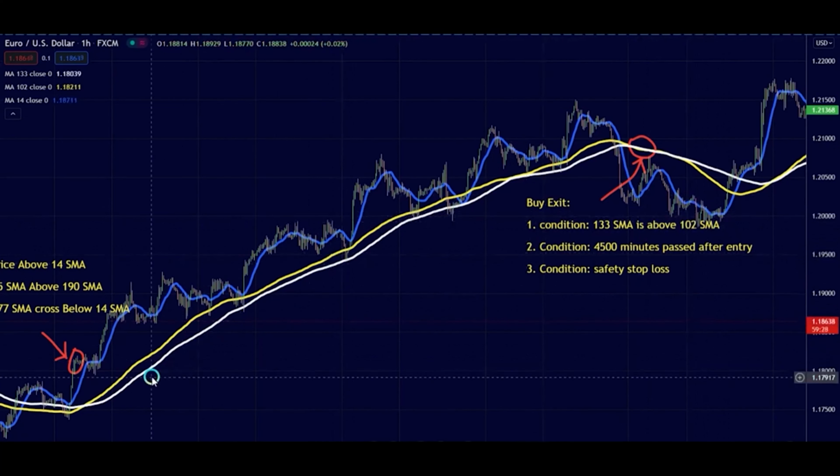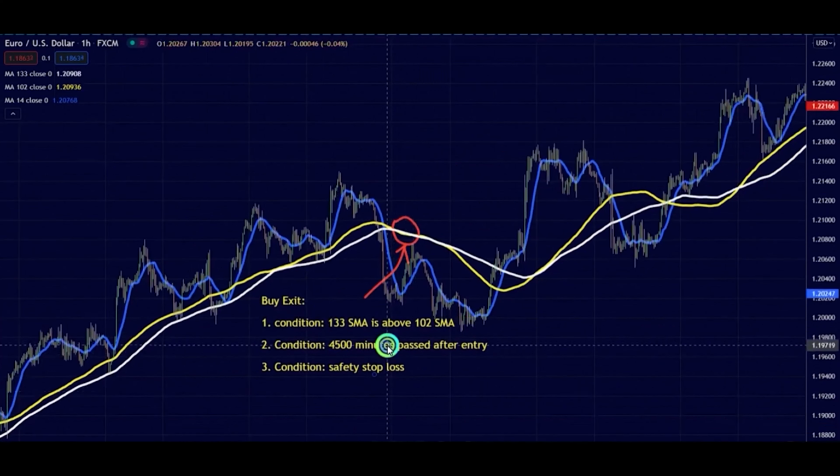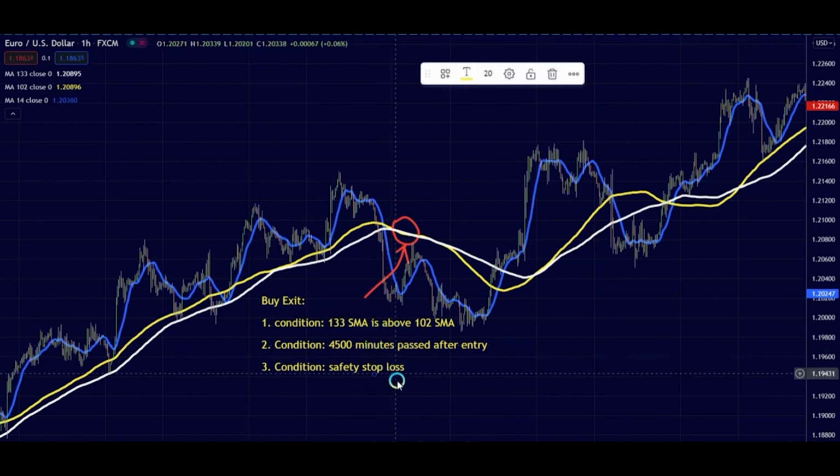So basically, even if you would have a great exit here, you can't close the trade because the second condition is not in the right place. This way you can avoid so much noise and so many bad signals. And I tested thousands of EAs, so I know how important this parameter is. I know it seems simple.